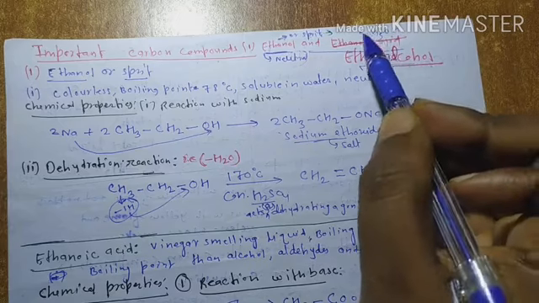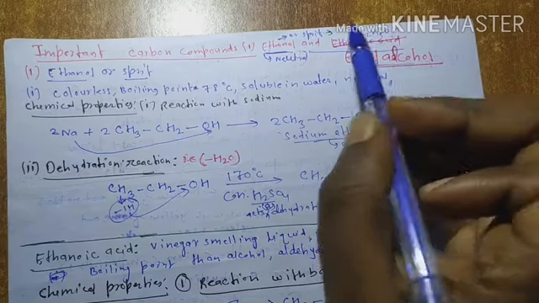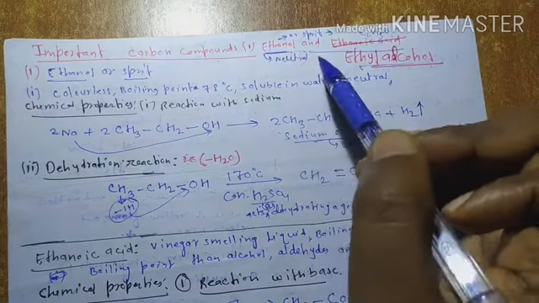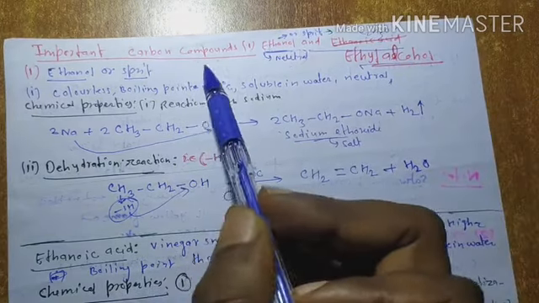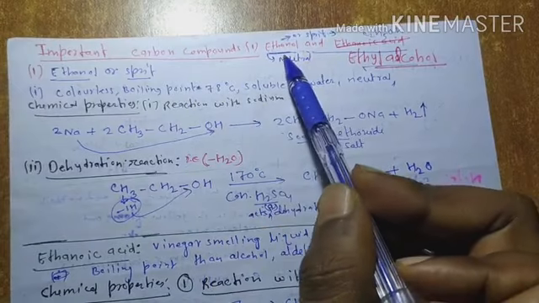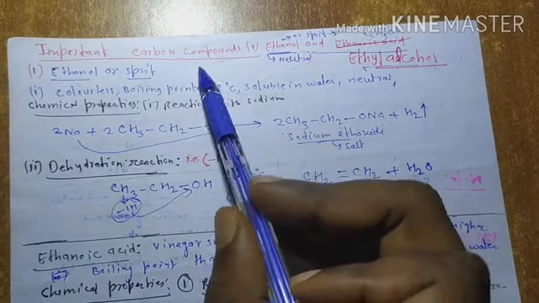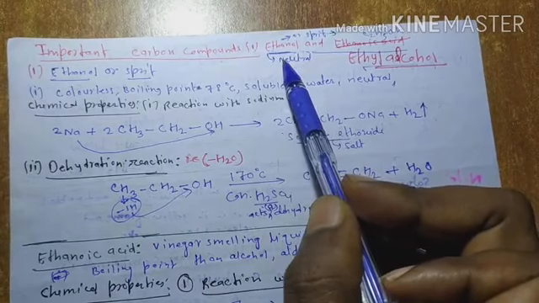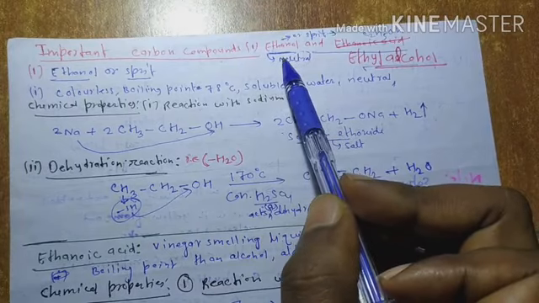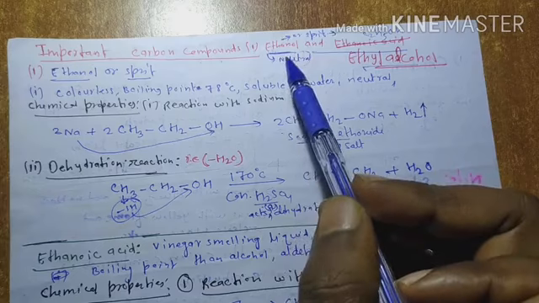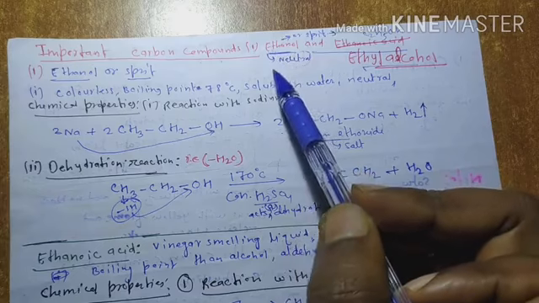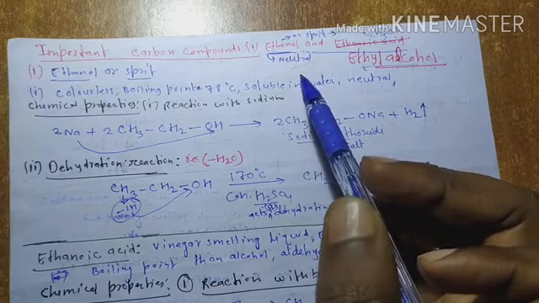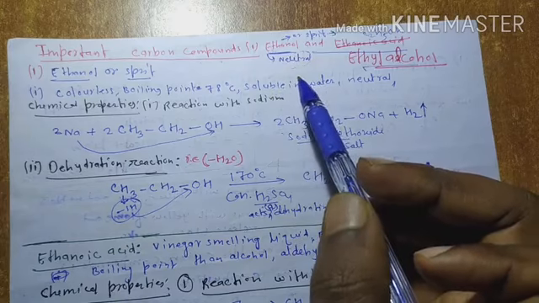But according to the IUPAC name, it is known as ethanol or spirit. It is neutral. We have to study ethanol, an important carbon compound that we use in day-to-day life, and acetic acid or ethanoic acid. Acetic acid is the common name, and ethanoic acid is the IUPAC name.